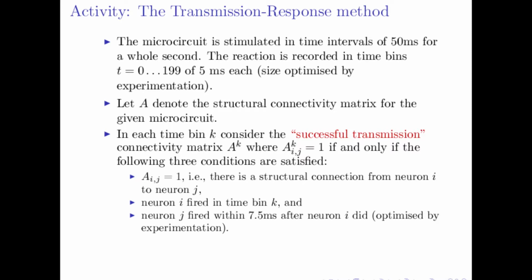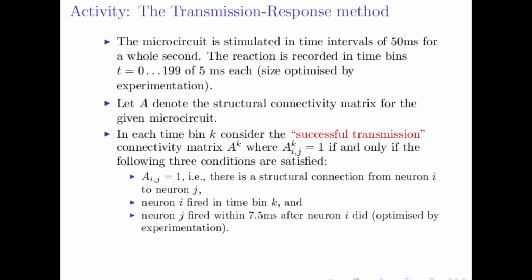So in A^K, the IJ entry will be 1 if, one, it actually has a structural connection, so neuron I is connected to neuron J. Two, if neuron I fired in time bin K, K is the upper index here. And three, if neuron J fired within 7.5 milliseconds after neuron I did.